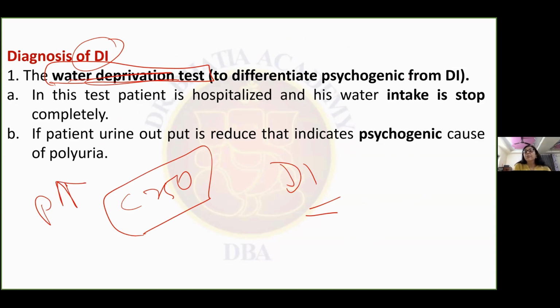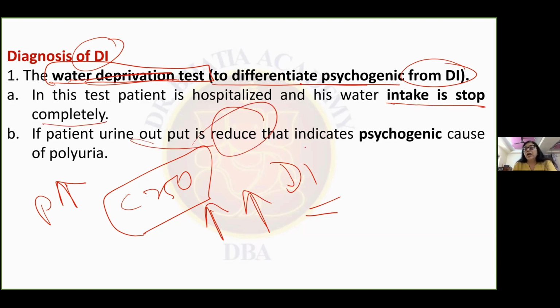But if it is polydipsia, that is psychogenic polydipsia, the moment you stop the water intake, the urine osmolality will start rising because the body will start conserving water. So if this patient is hospitalized and his water intake is stopped completely, and the urine output is reduced, that indicates psychogenic polydipsia.